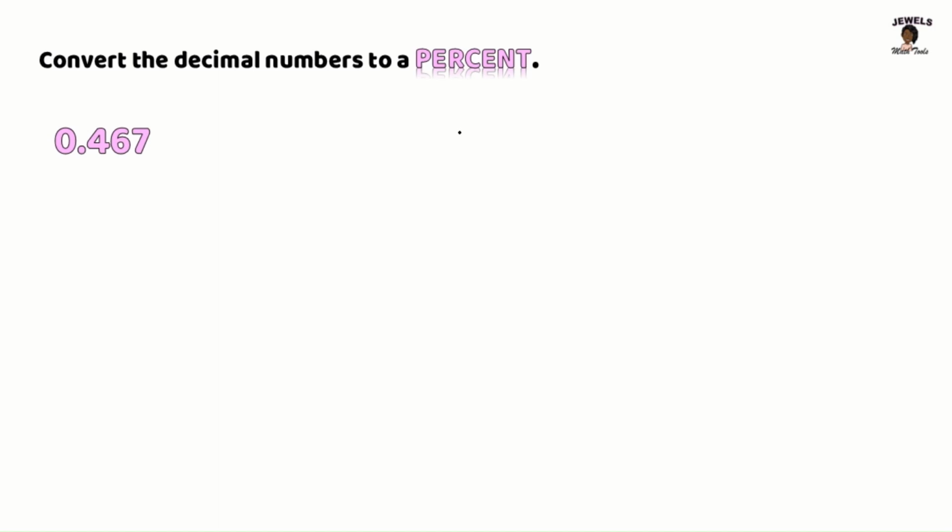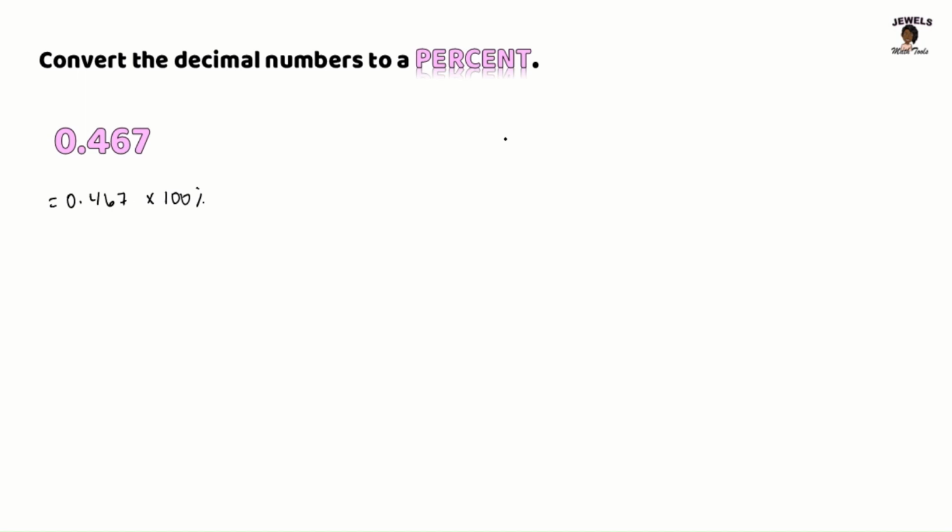Now to convert this number into a percentage, you must remember that changing to a percentage means that my decimal number will be multiplied by 100%. So I'm going to be multiplying my 467 thousandths by 100%.